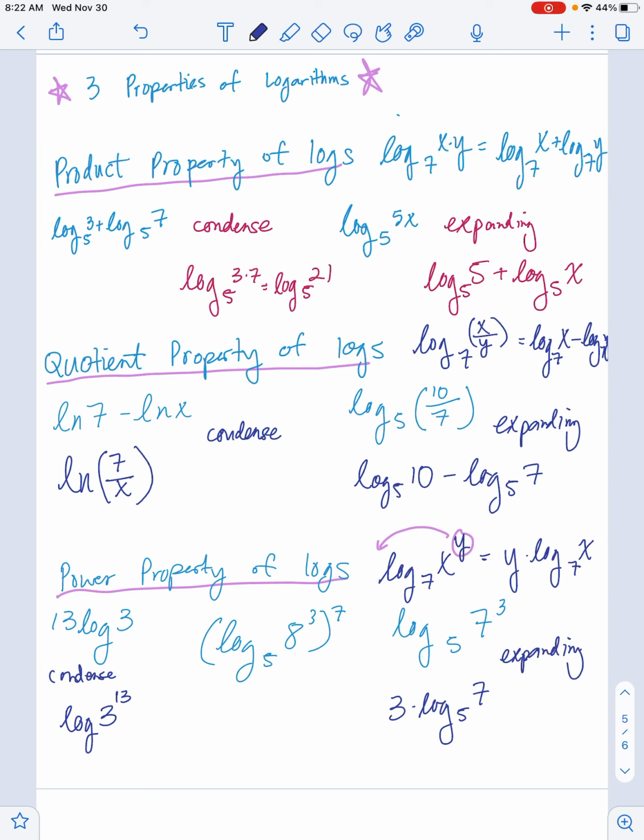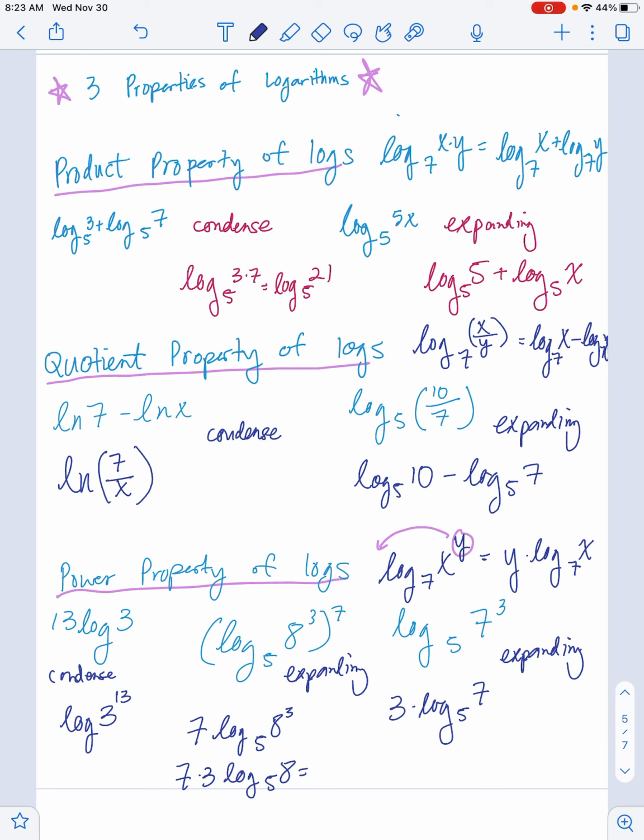Okay. This middle problem is also an expanding problem. Right? You actually see 2 powers, so you could actually bring it down twice if you wanted to. Right? So I'm going to bring down the 7. So now it's 7 times log base 5 of 8 to the power of 3. But I can do this once more, so now it's 7 times 3 times log base 5 of 8.